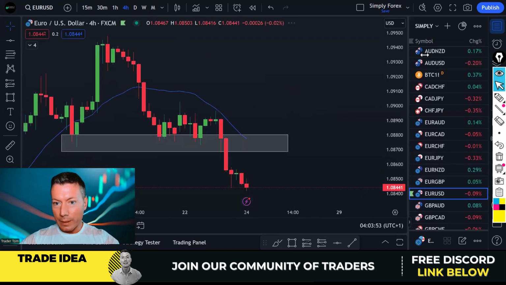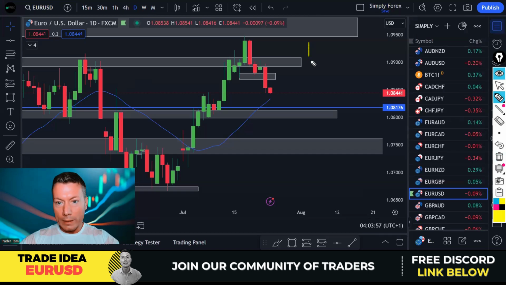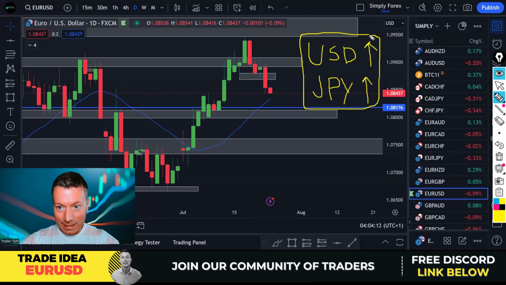Where are you? There you are. So the catalyst for our trades today is US dollar strength, okay, and Japanese yen strength, okay. These two currencies are strong and they are the catalyst for our trades today, right?